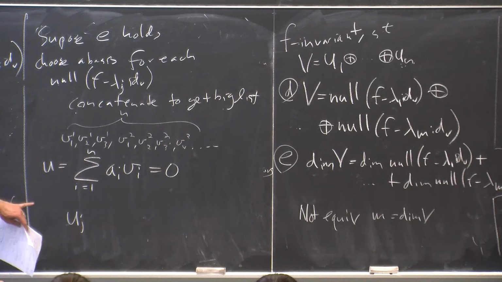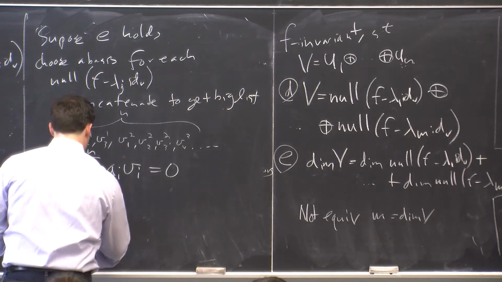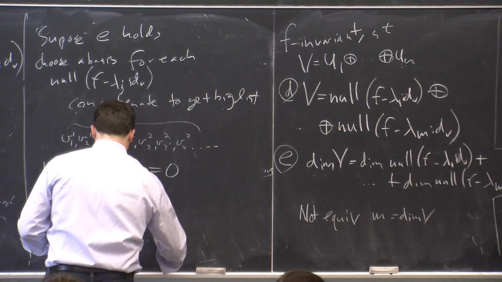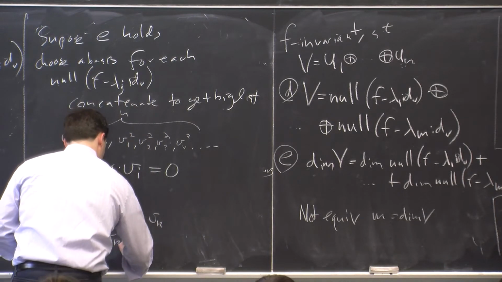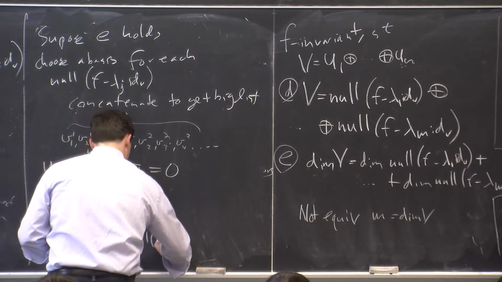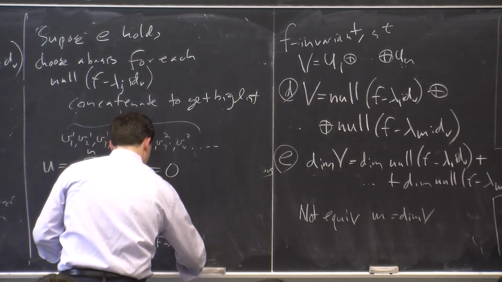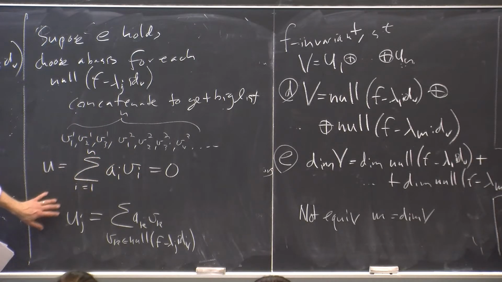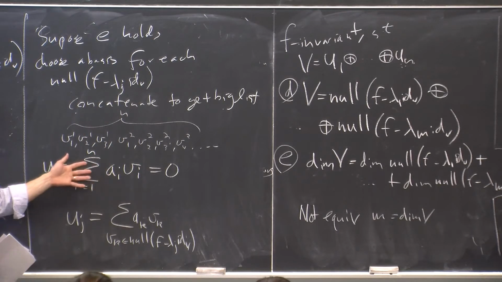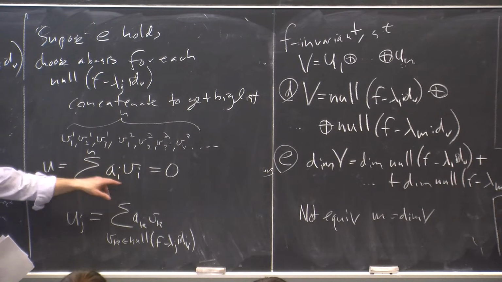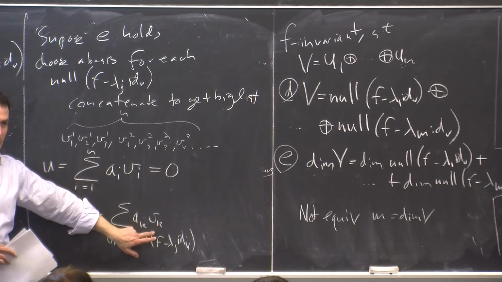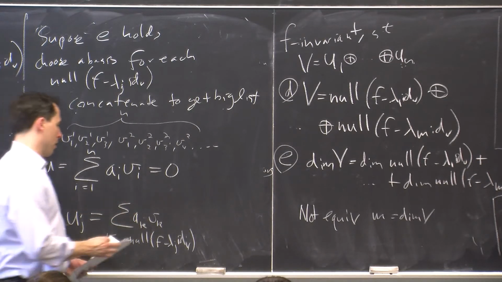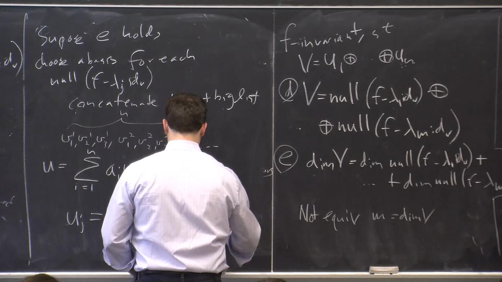Okay, so let's call uj the sum of the akvk's, where the vk are in the null space of f minus lambda j identity of v. So in other words, this is some big linear combination, and I want to take this combination and ignore all the coefficients except those that correspond to a particular eigenspace, and then this uj will be in that eigenspace.